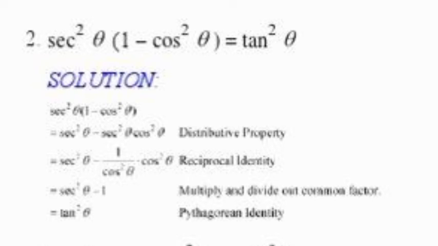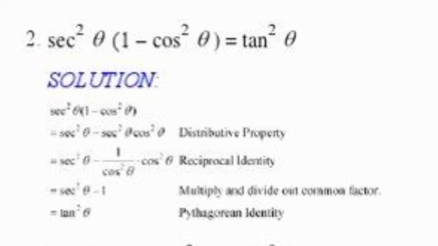Here's the solution. Secant squared theta times 1 minus cosine squared theta equals secant squared theta minus secant squared theta times cosine squared theta. This property is the distributive property. And proceed. Equals secant squared theta minus 1 over cosine squared theta, using the reciprocal identity.